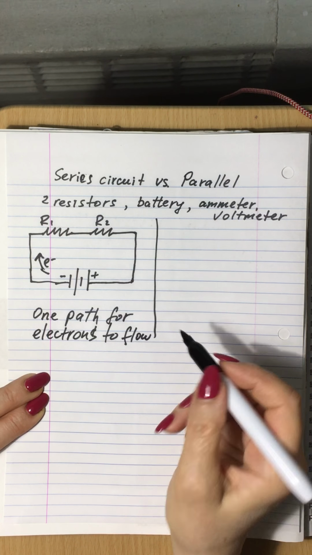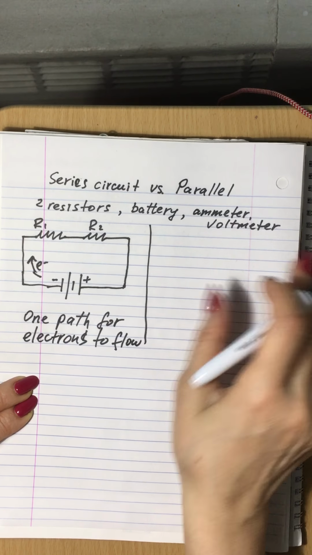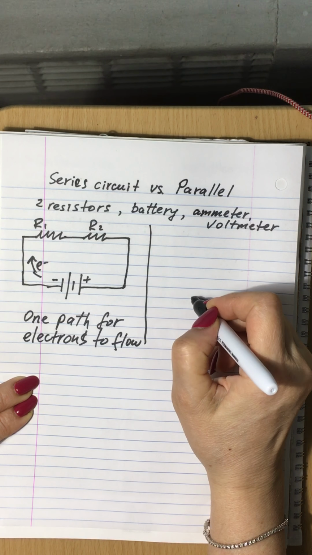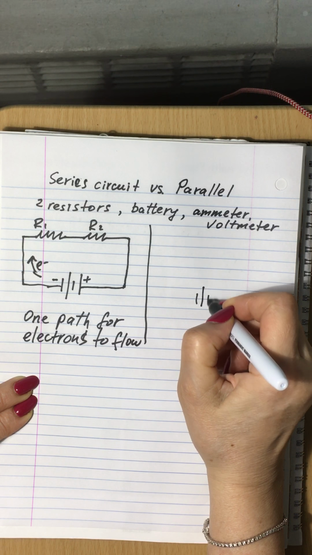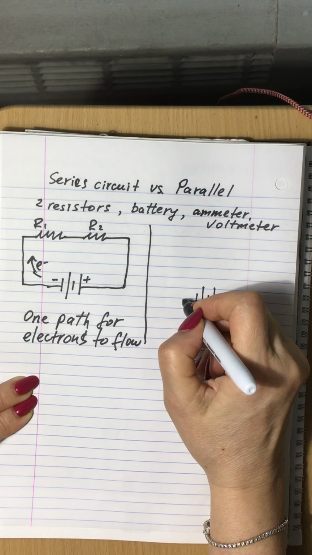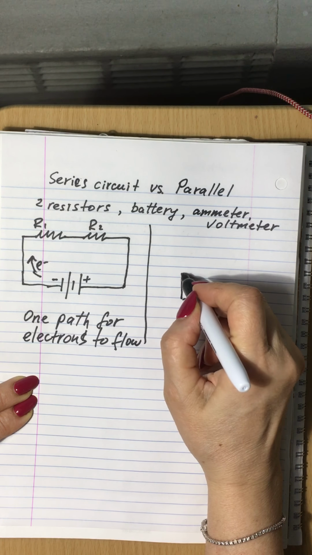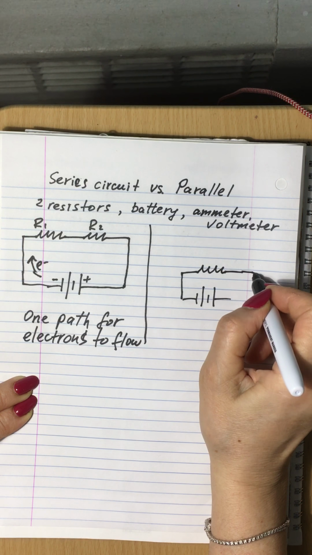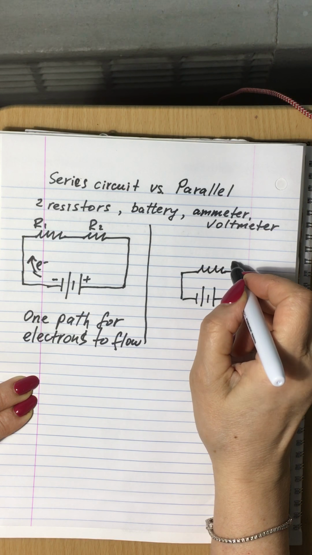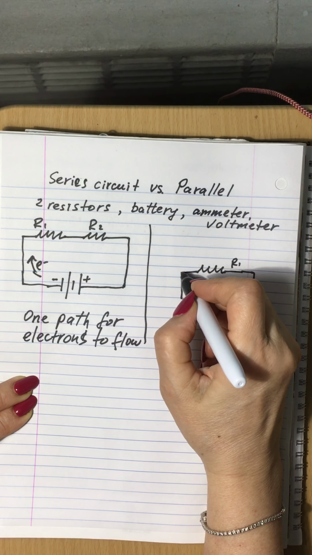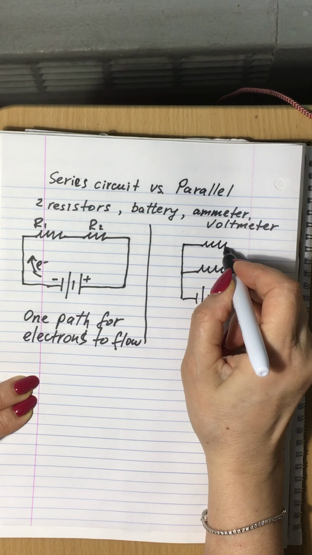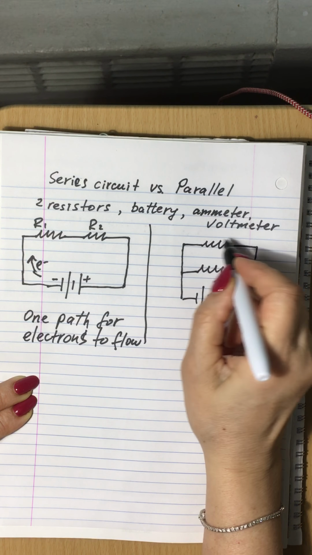Okay, I can connect two resistors a little bit differently. I will start with the source of electrical energy, the battery, and then I will connect the first resistor, R1, and then on the top I will connect the second one, R2.